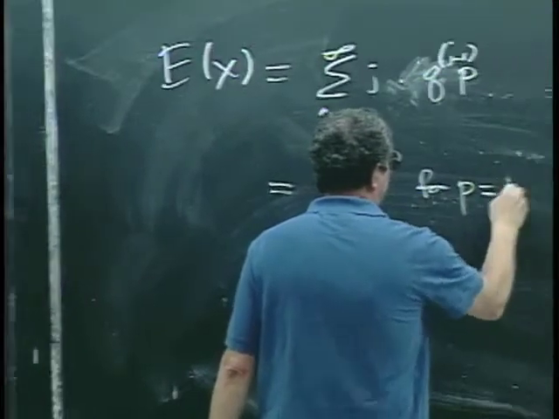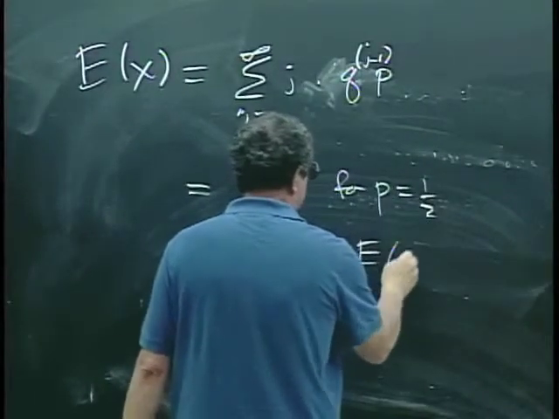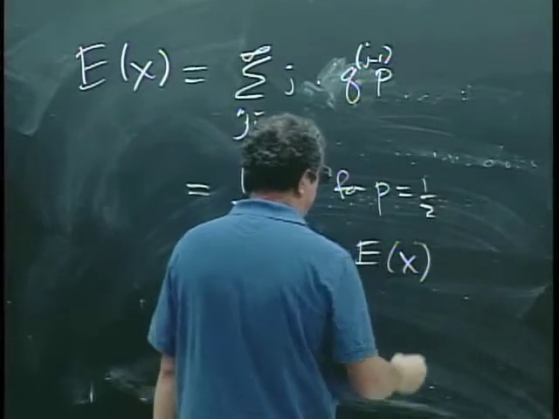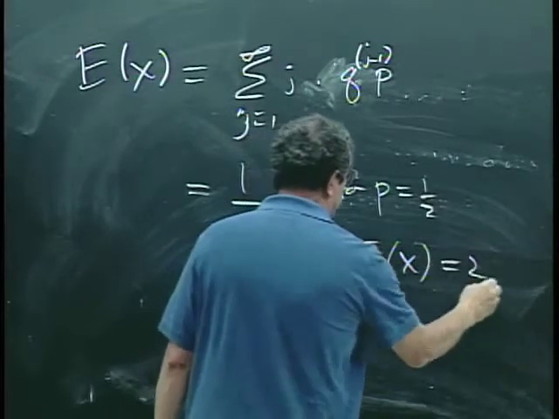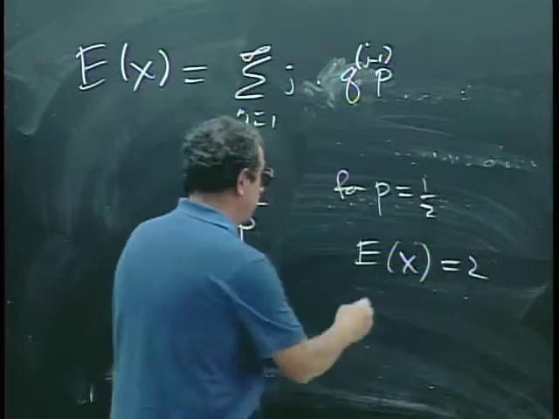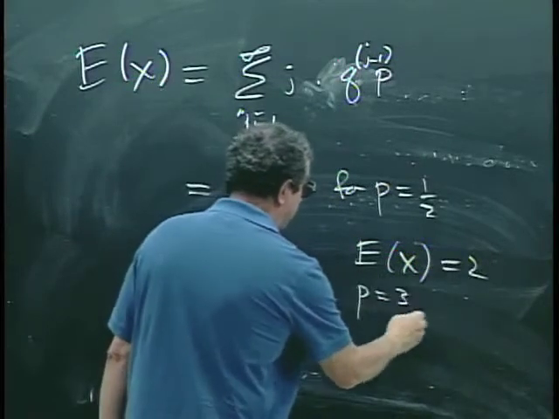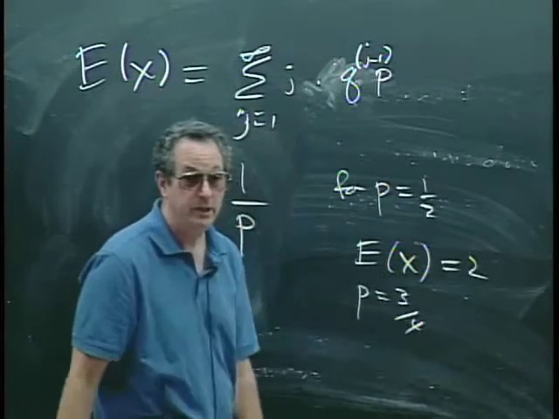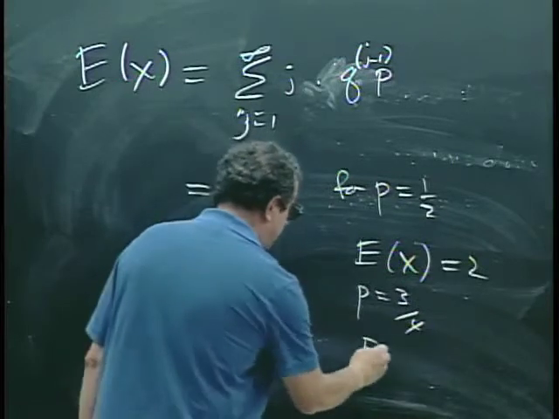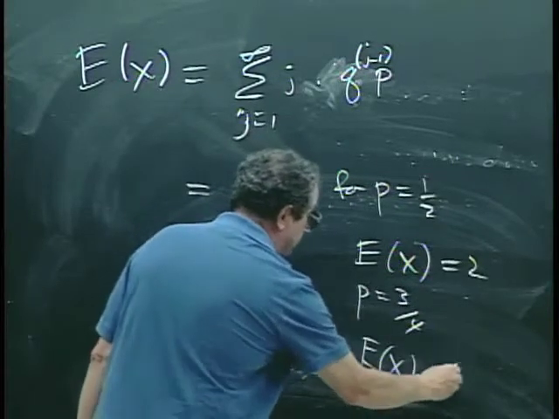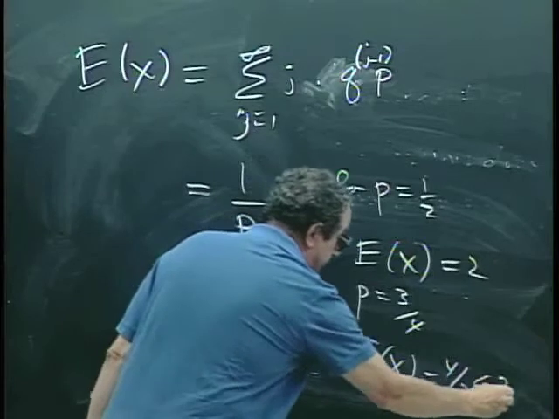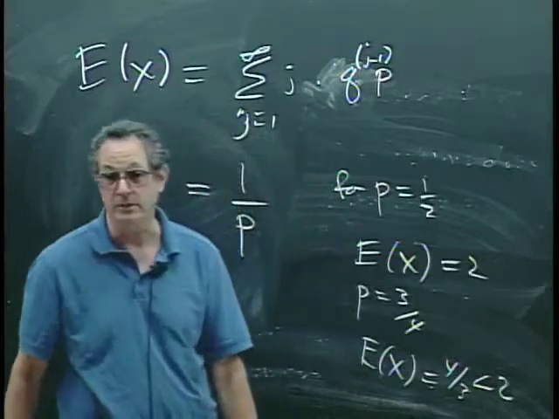For p equals a half, the expected number of trials until success is 2. Let's take p equals 3/4. That's more likely to be success. The expected number of trials is 4/3, which is less than 2, right? So it sort of makes sense.